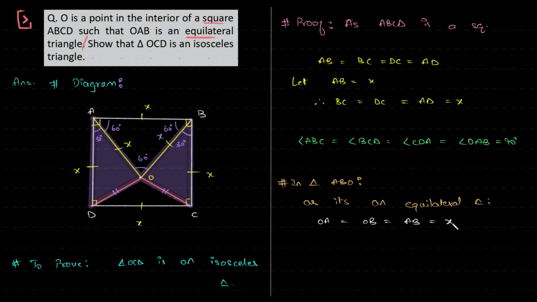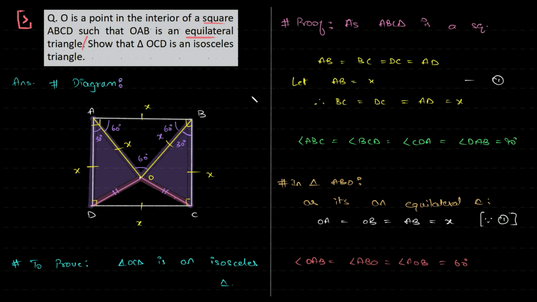Which in turn is equal to X. This is from 1. Actually, I need not write that, but anyways, I wrote it because AB is X now, so not an issue. And we have individual angles like OAB, ABO, and AOB. All of them are equal to 60 degrees.